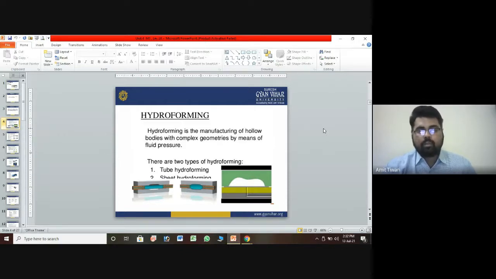With the help of this you can understand that it is a sheet type of hydroforming. Each and every industry now works on hydroforming due to its several advantages.